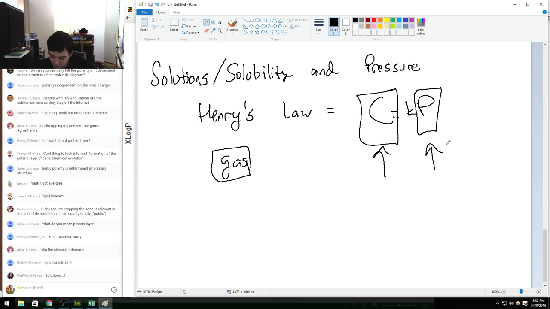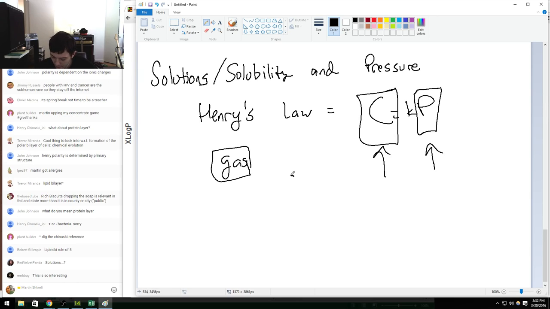We know this from soda. Carbonated soda has carbon dioxide, and the higher the pressure, the more solubility we get. So the amount of gas dissolved is directly proportional to pressure. We don't have to get into that too much.